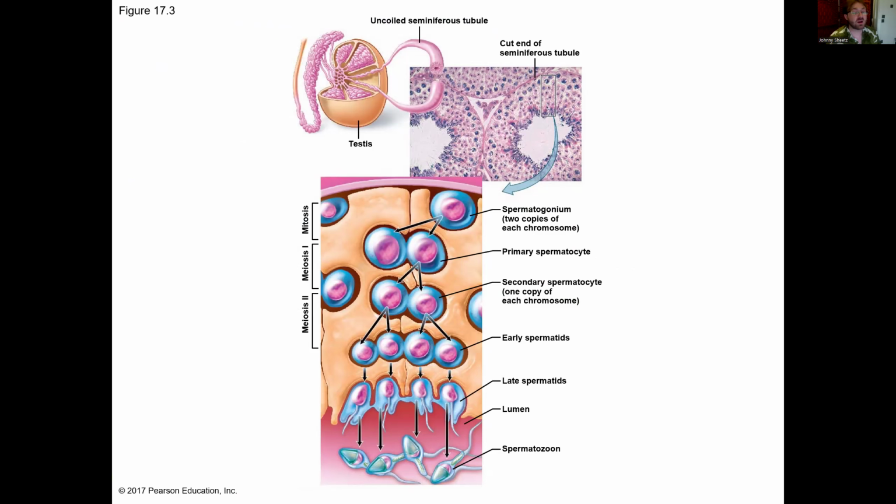And then we're going to divide into a spermatid. As it turns into a spermatid, it's going to start developing those specialized structures. And then finally, when it's released and it's free, it's going to be called a spermatozoon, which I like the name, so that's pretty cool.